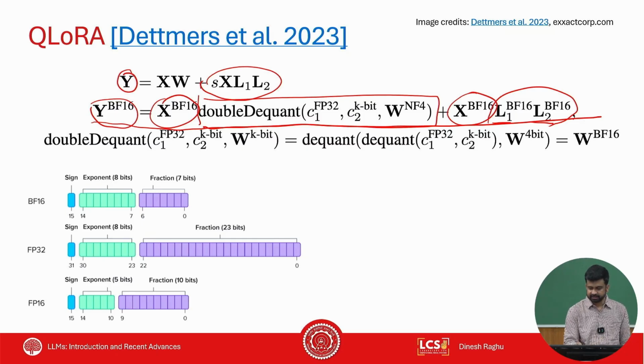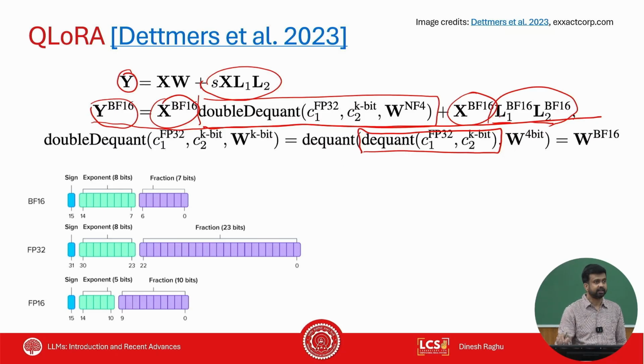So this double quantization, first let's look at only this bit. First we are dequantizing the quantization factors, the scale factors and the quantization constants. The second level quantization constants are in FP32. The first level are now represented in 4-bit, but once you do the dequantization of this, you will end up getting the 32-bit precision dequantized version of the new scaling factors.